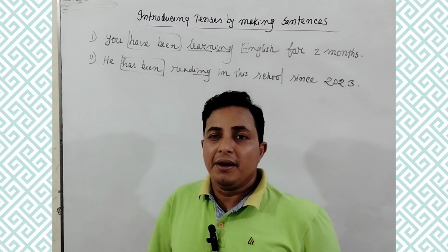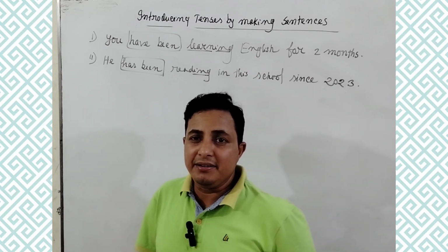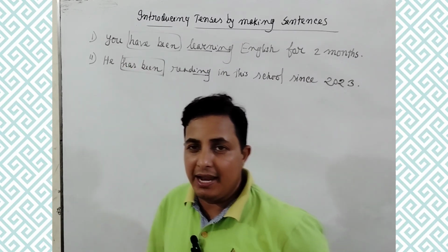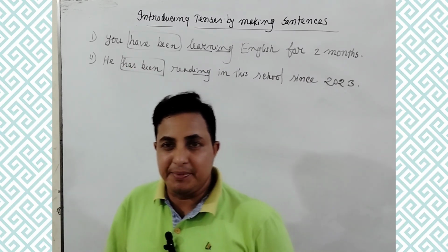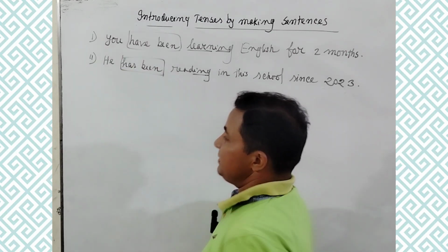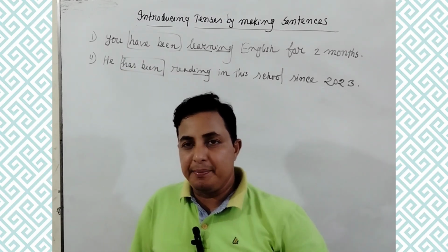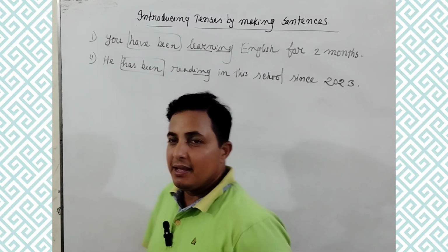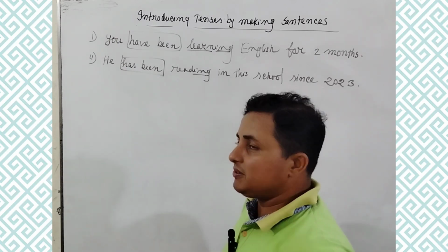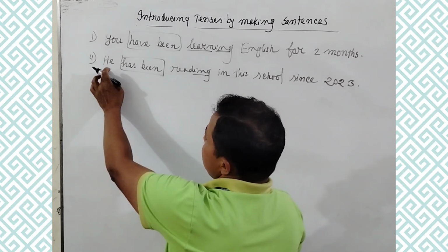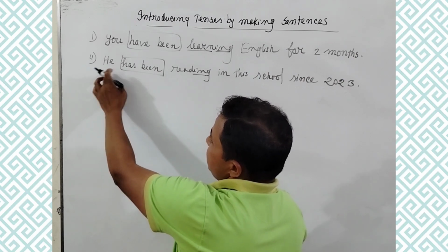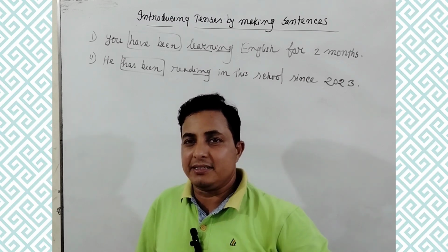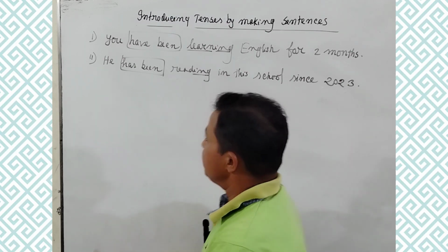Third person singular always follows has been, and the rest of the subjects must follow have been. That means I have been, we have been, they have been, you have been. And if the subject is third person singular, he has been, she has been, Corinne has been, it has been.